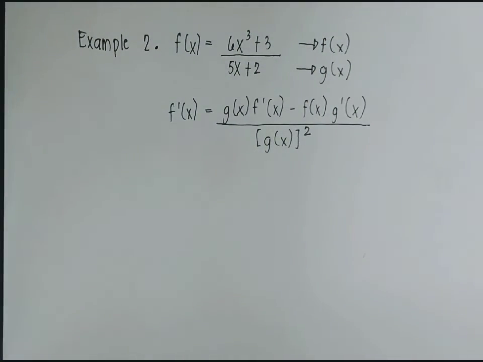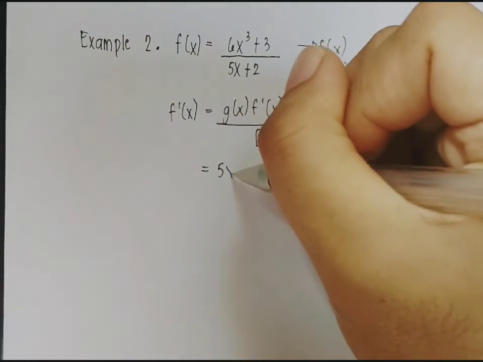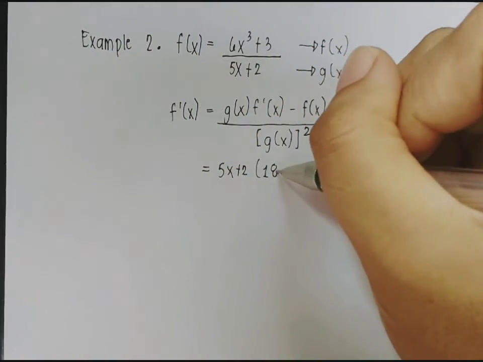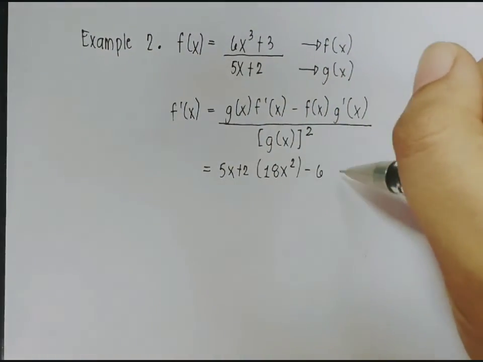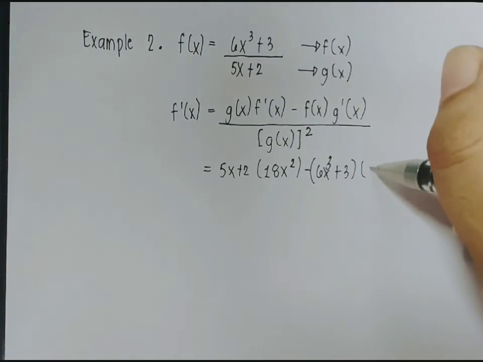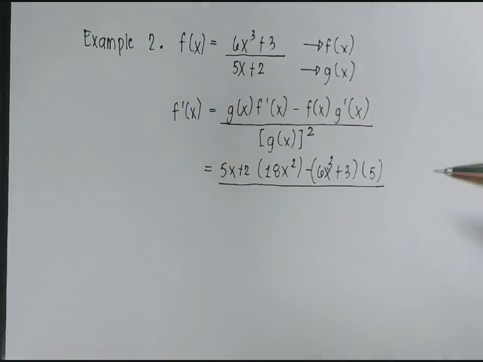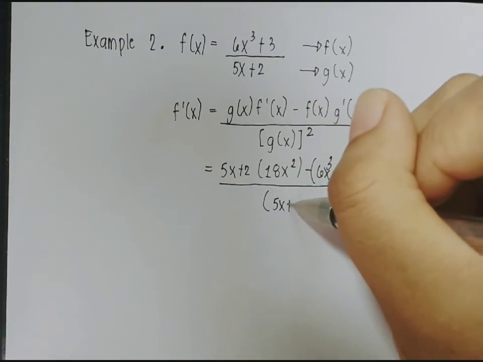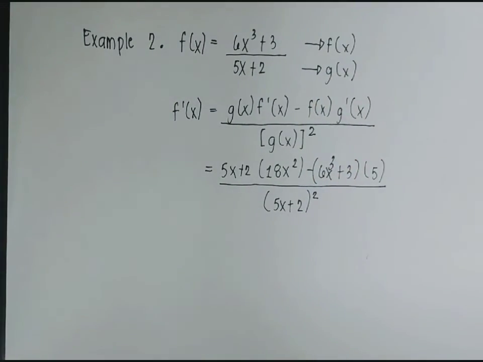Then we substitute the given functions and we get 5x plus 2 times 18x squared minus 6x cubed plus 3 times 5 all over 5x plus 2 to the power of 2.